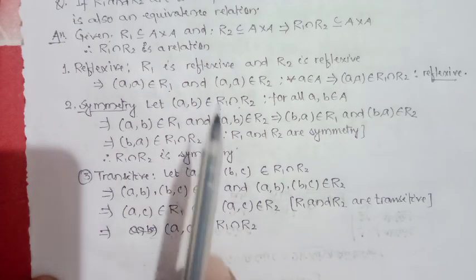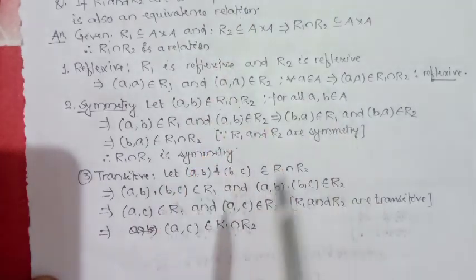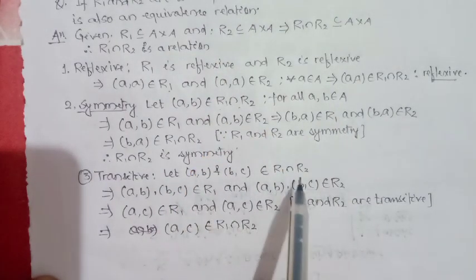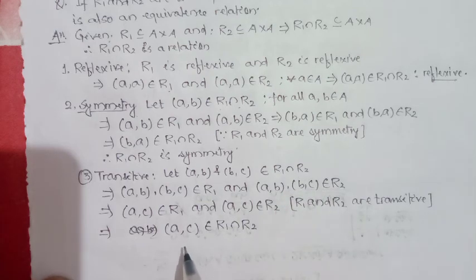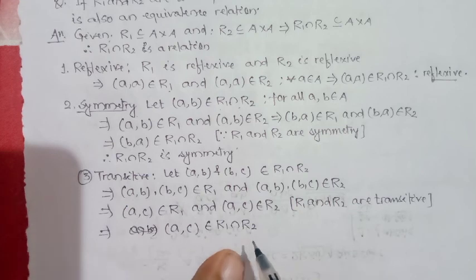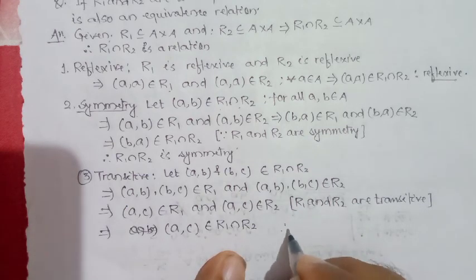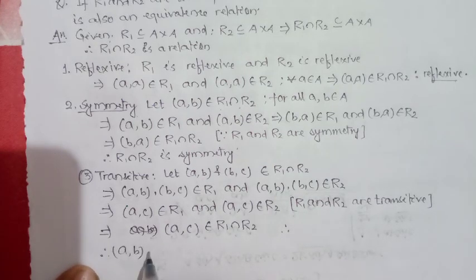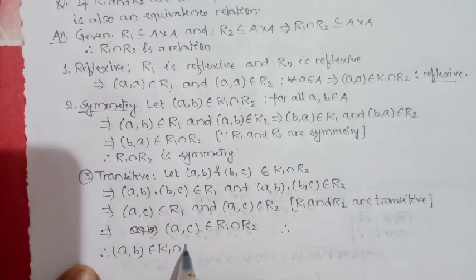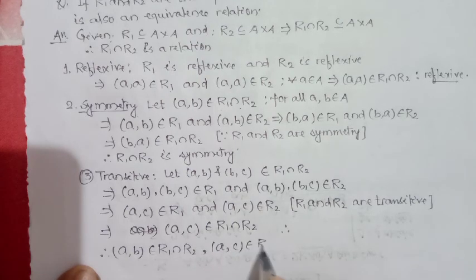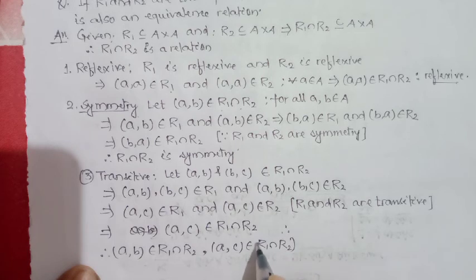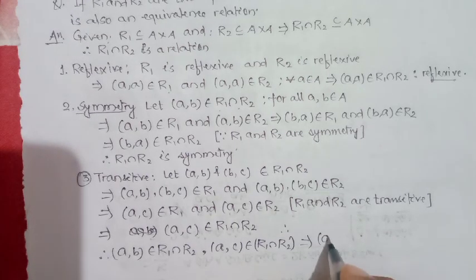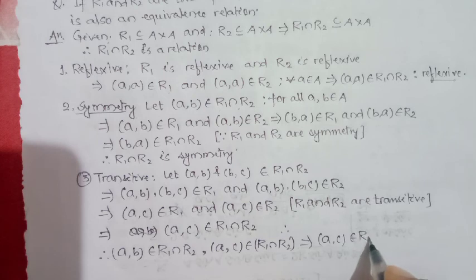So what we have seen: (a, b) and (b, c) belong to R1 intersection R2, so (a, c) belongs to R1 intersection R2.